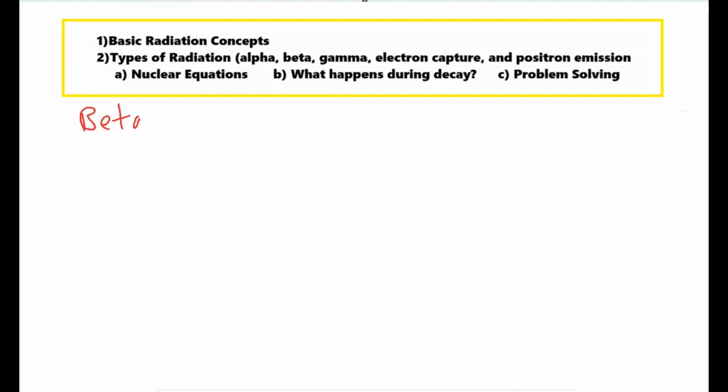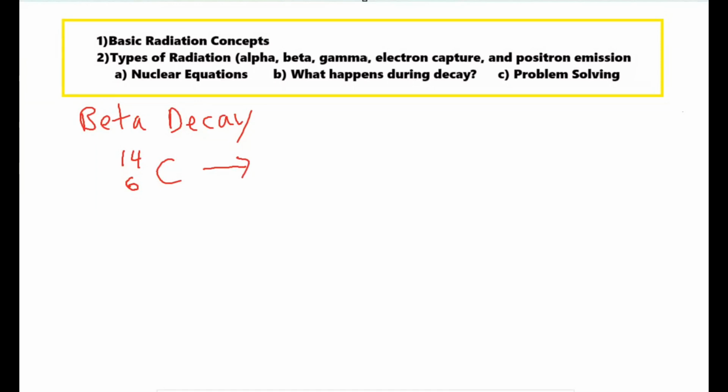So for beta decay, we are going to start off with our original unstable atom. Say, for example, we have carbon-14. So we have carbon, mass of 14. It always has an atomic number of 6. Now, this one is similar to alpha in the sense that it's going to eject a particle and then change what kind of element it is.